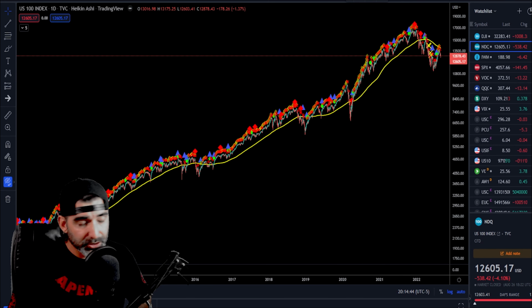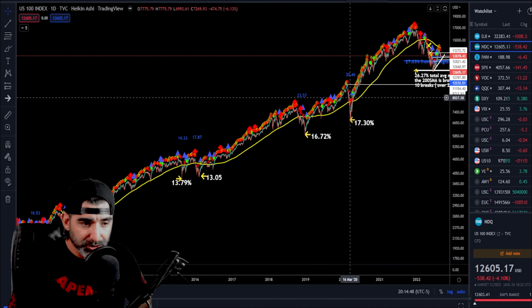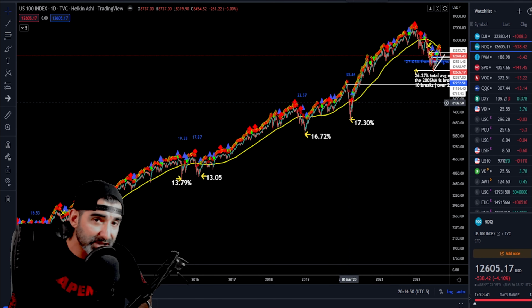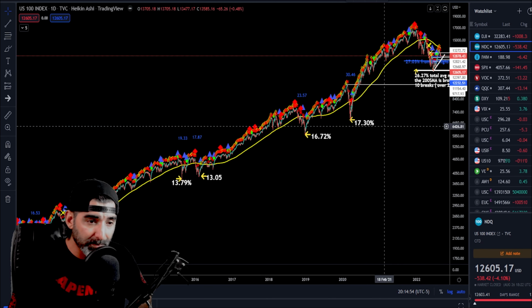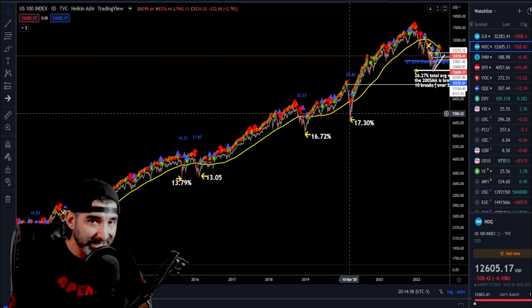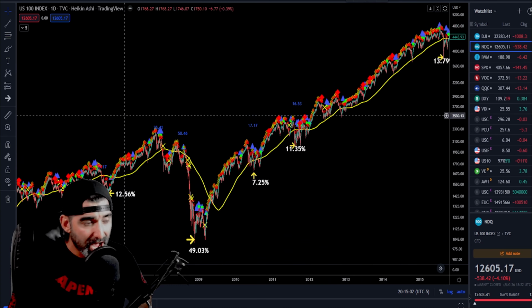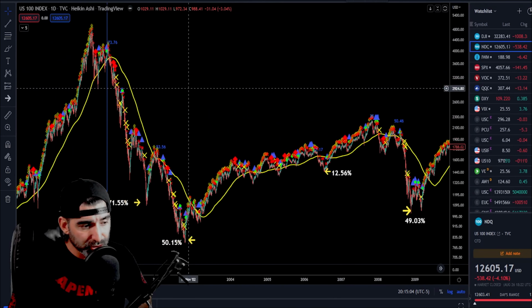Now let me go ahead and show you guys what this looks like. I've manually measured the moves below the 200 SMA once the price action cuts below the 200 SMA for 15 to 20 days minimum, and measured those out in percentages, manually checking it twice, even going back a significant amount of time. I've gone back all the way to about 2000.